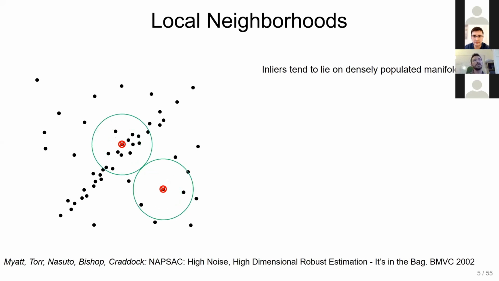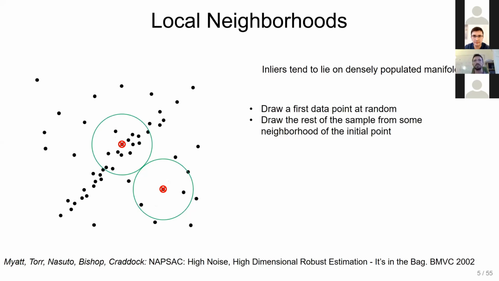We can take advantage of this by first selecting 1 point at random and then drawing the rest of the sample from its neighborhood. This increases the chances of hitting an all-inlier sample.